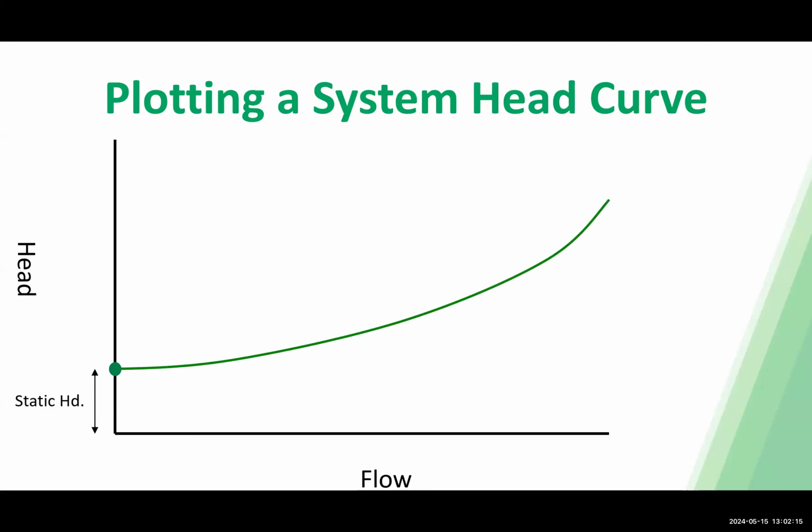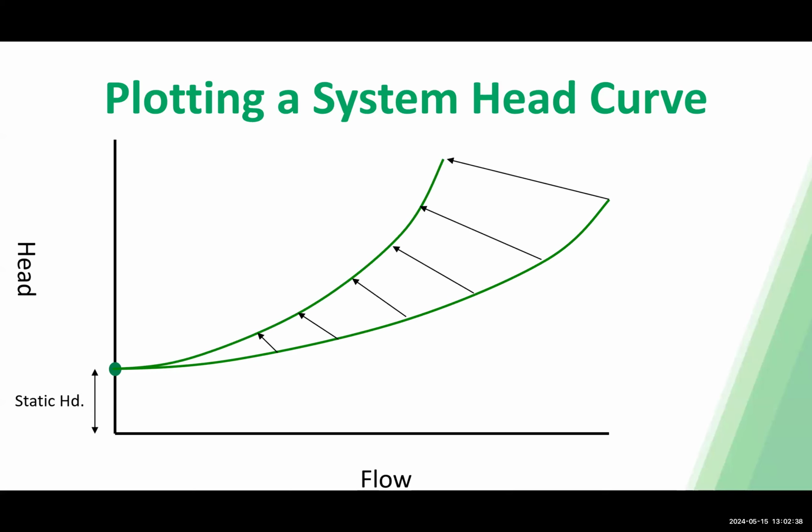Now, the great thing about having this data in front of you is you can manipulate it to better fit the pump that you're selecting or the system design, to better optimize it and make it more efficient. One way that you can do that is by actually increasing the friction in your system.